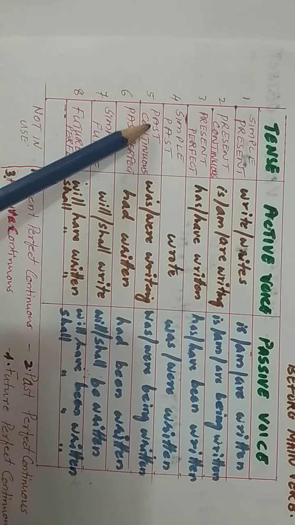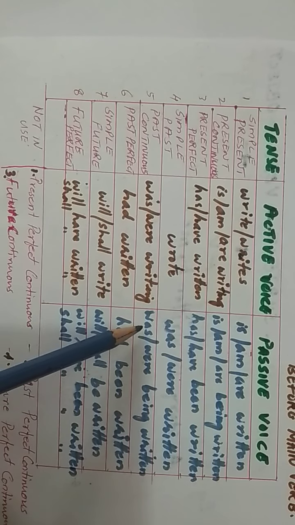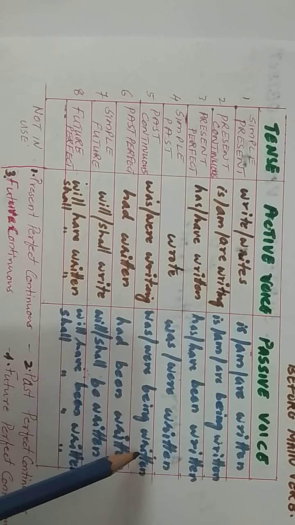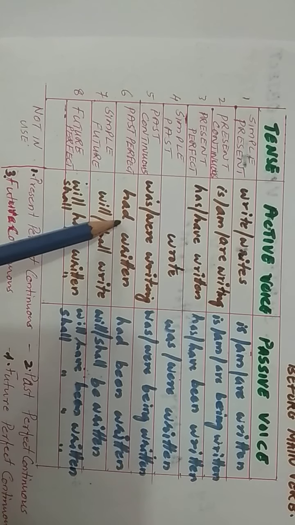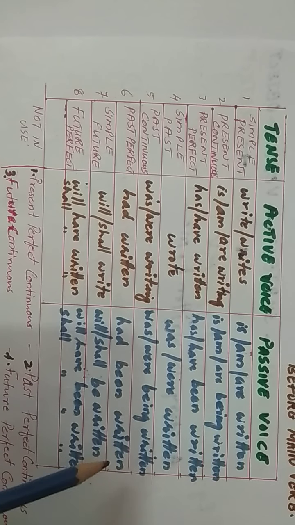In the fifth case, that's past continuous, was, were writing is changed into was, were being plus the third form of the verb, that is written. In this sixth case, there's past perfect tense, had plus third form of the verb, that is had written, is changed into had been written.